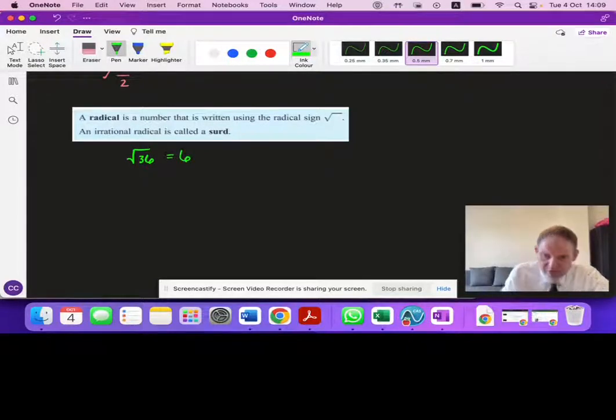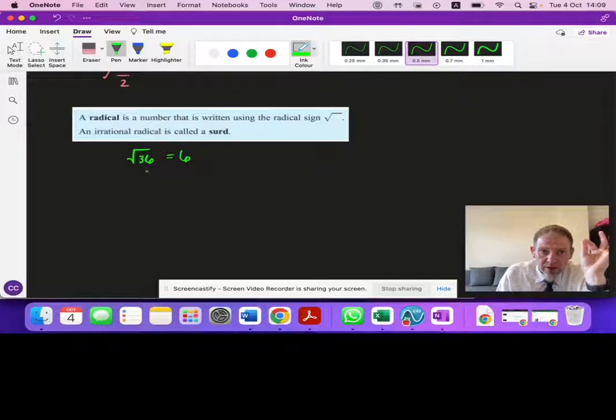That is actually just 6, because what a radical asks us every single time is, what number, when I multiply it by itself, equals the number under the radical? Well, 6 times 6 is 36. That's where that comes from.